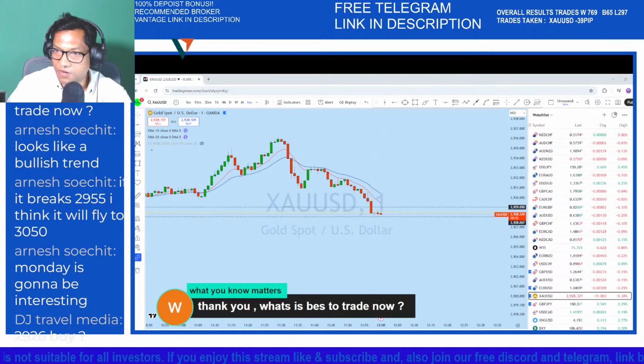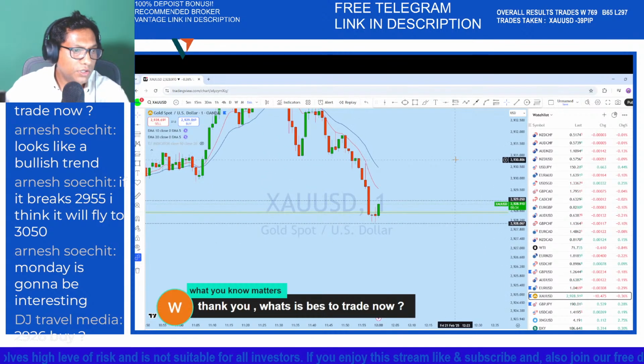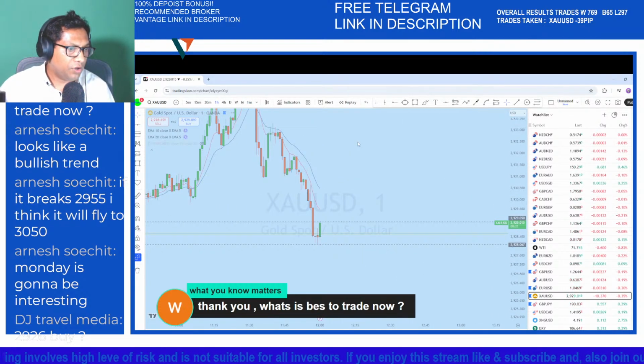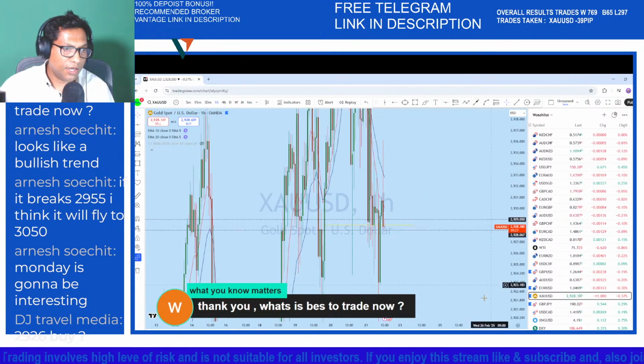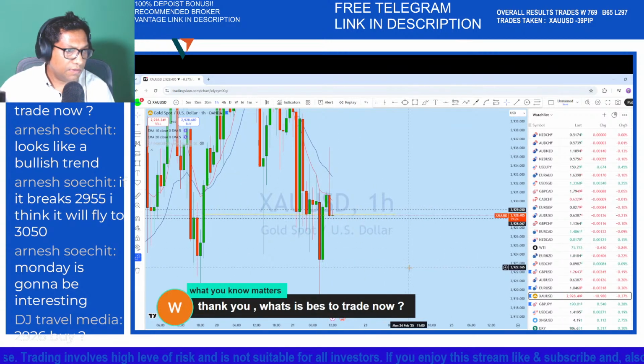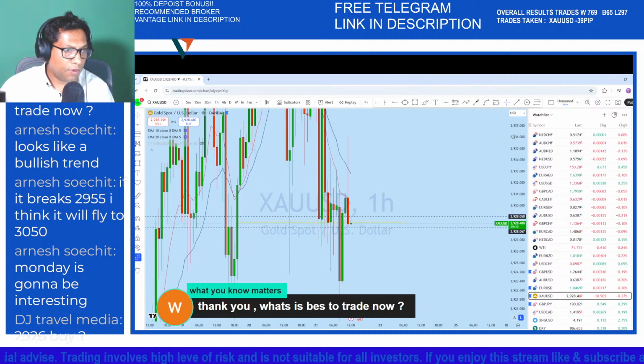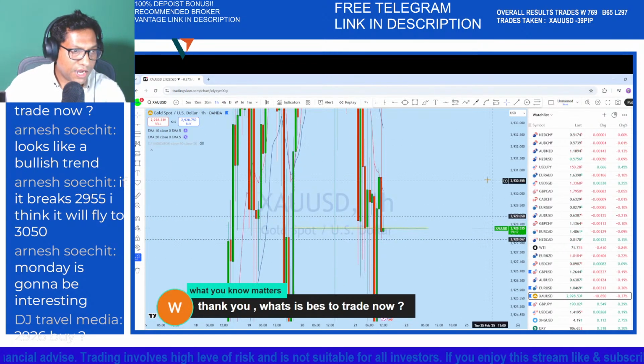So we may see the market breaking below and then potentially bouncing back up. Okay, so it's trying to pull back here. Now let's see if we have a potential entry or if it's still potentially downside here, and there is a probability for a potential upside.